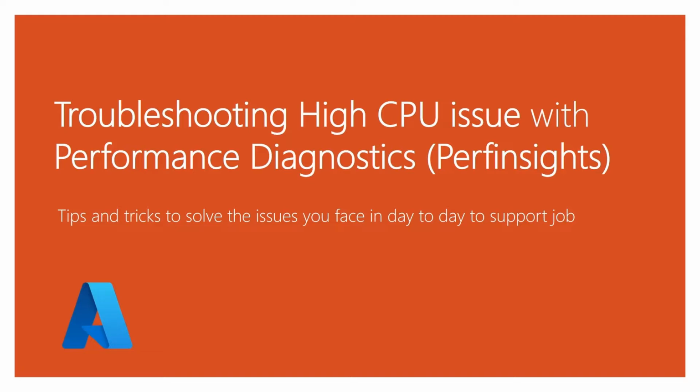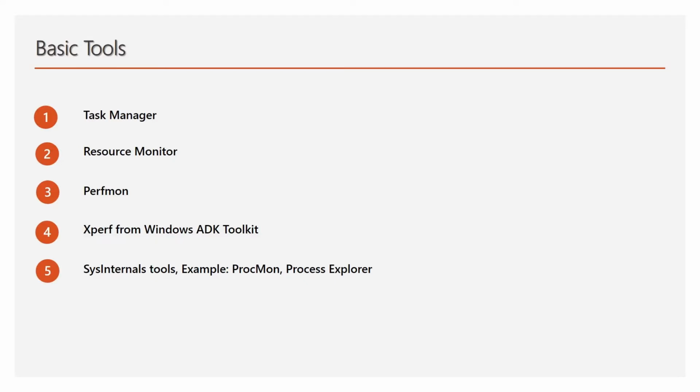We can use the same tools that we use to troubleshoot in the on-premises environment. So first of all, I want to discuss some of the basic tools that we use for our on-premises environment. Those tools can be used for Azure also. For example, Task Manager is the first tool that we check on any Windows machine on-premises.